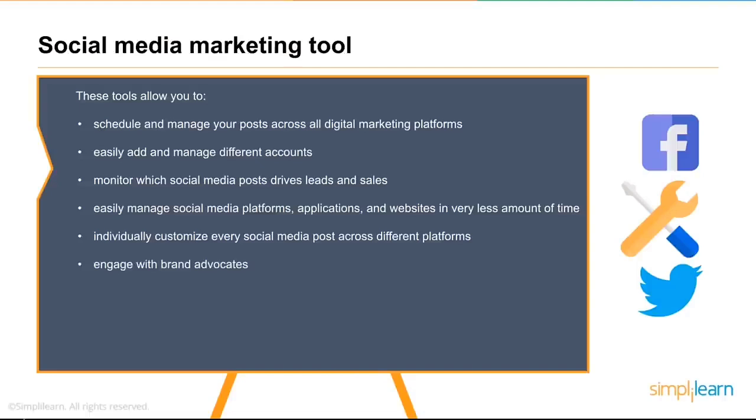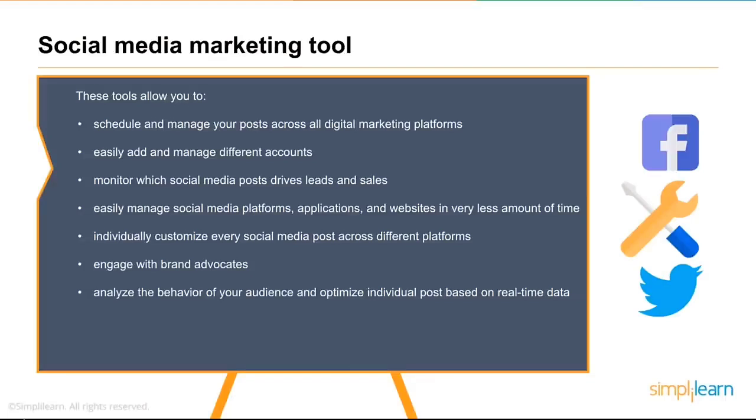You want to be able to engage with brand advocates. So listening is a good thing with social media marketing tools, using the listening functionality so you can actually see who is a brand advocate, who's not a brand advocate, who's an influencer, who's not an influencer. And then, of course, you want to analyze the behavior of your audience and optimize individual posts based on real-time data.